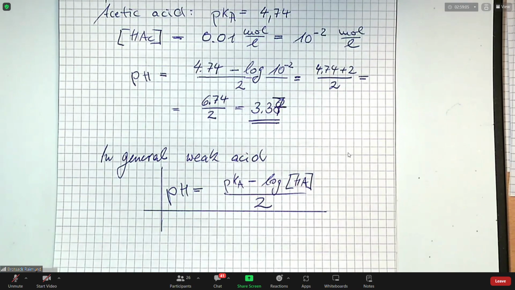It's the same for a weak alkali, then we calculate the pOH. For a strong alkali, it's easy: pOH is the negative log of the concentration of the alkali, similar to the strong acid. For a weak alkali, it's similar, but then pOH equals pKb, for the base, minus the log of the concentration of the alkali over 2.